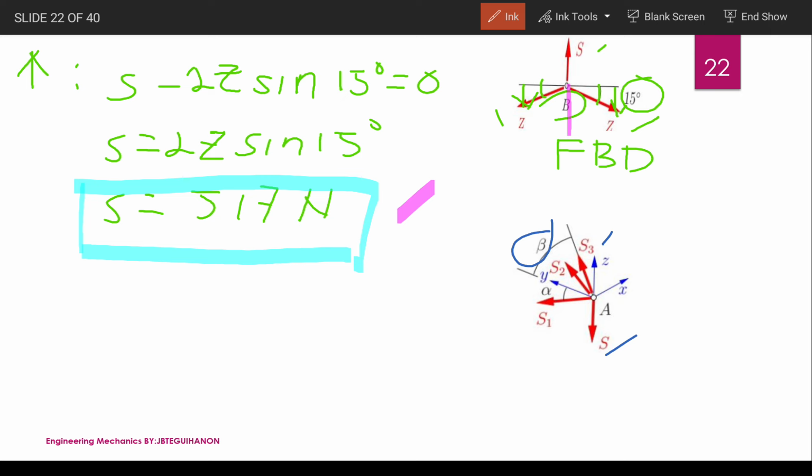Okay, tapos ito yung ating x-axis, ito yung y-axis. Doon sa ating mga summation forces along z, x-axis, and then y-axis. So ito yung ating free body diagram na ginamit. Okay?